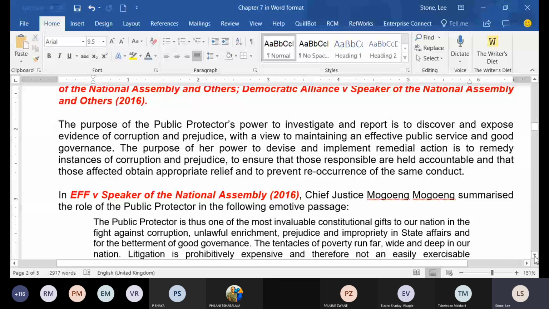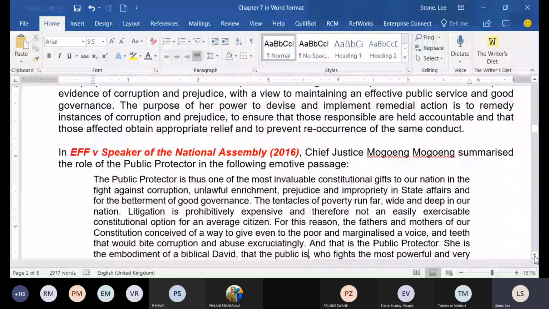It was in that case that the Constitutional Court said, we have now reached the point where there is no longer any confusion. The public protector's decisions are binding and must be implemented as soon as possible.